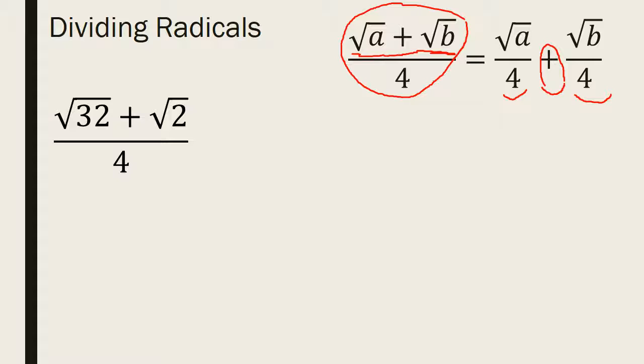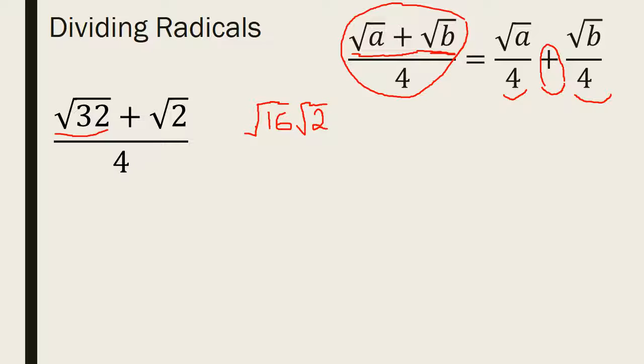We have radical 32 plus radical 2 divided by 4. Now I know that radical 32 can be simplified, and this is not in the simplest form, because 32 has a perfect square factor. The perfect square factor in 32 is 16, and I know radical 16 times radical 2 is equal to radical 32.